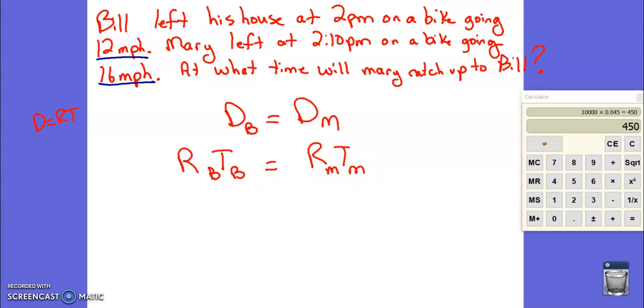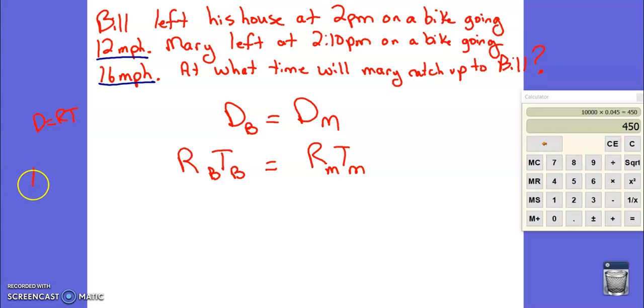So we know that the distances will equal one another, and now we just need to fill in some information to be able to solve it. We're trying to find out at what time Mary will catch up to Bill. If you think about it, Bill left 10 minutes prior to Mary, and we know there are 60 minutes in an hour.